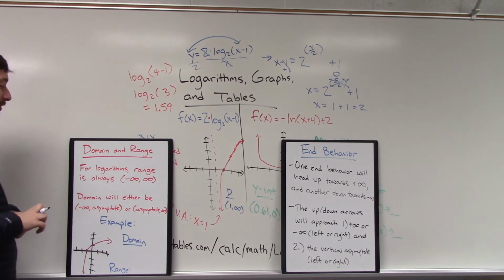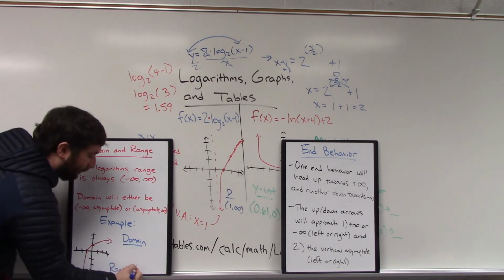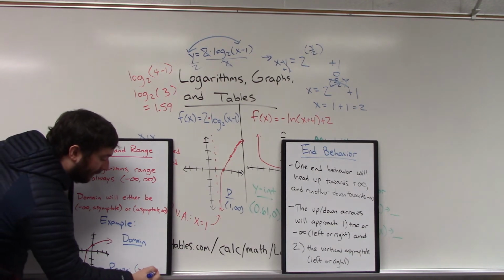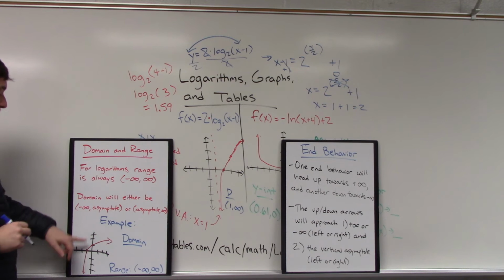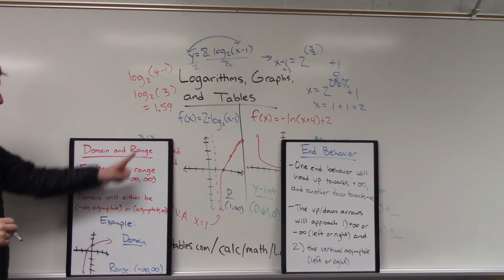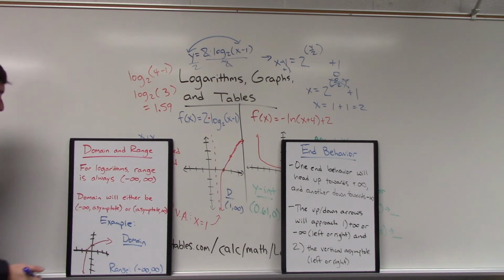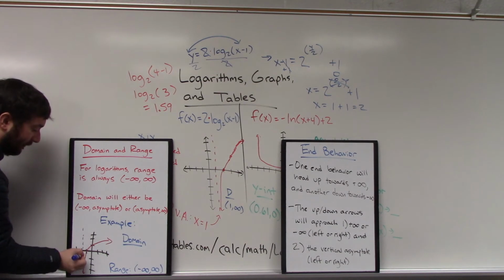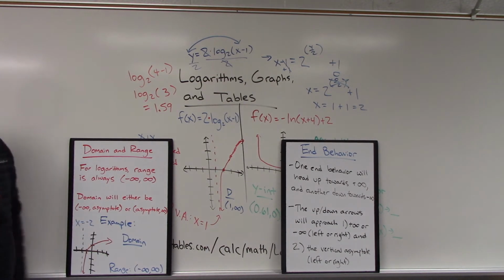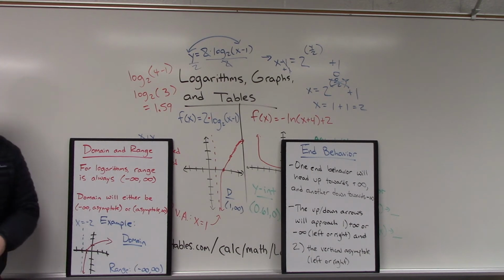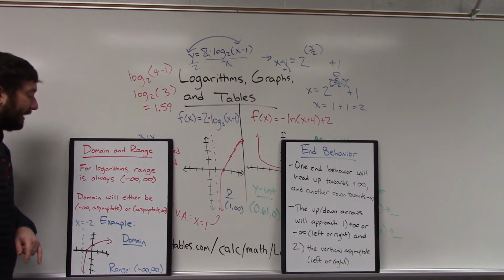Okay, so another example here, for instance, identify your vertical asymptote. That's going to tell you your domain. Your range, again, up and down forever. For logarithms, it's the opposite of exponents. Okay, this graph goes down forever one way, up forever the other way. But we have a vertical asymptote here, visually speaking, at x equals negative 2. Okay. The graph might get close to that dotted line vertically, but it's never actually going to reach it.